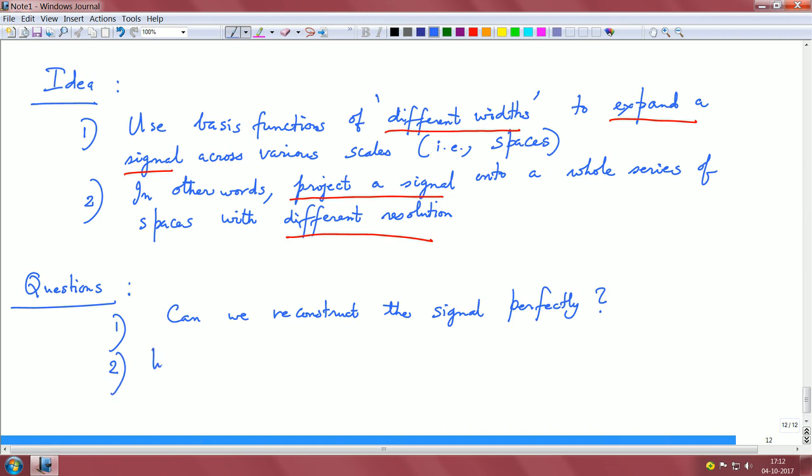Second, what are the properties for such a basis across scales?